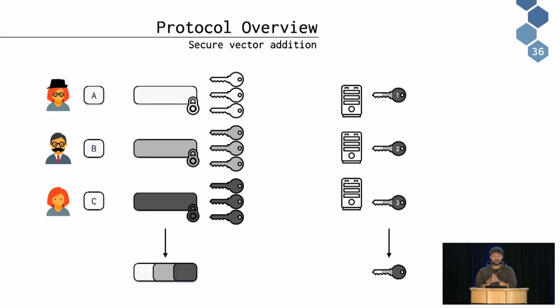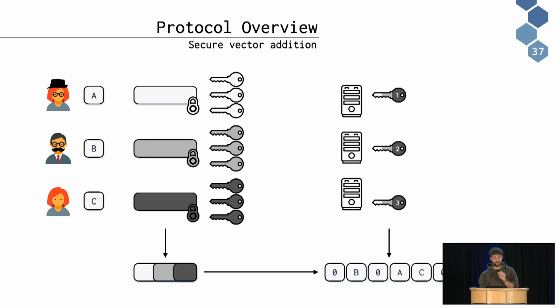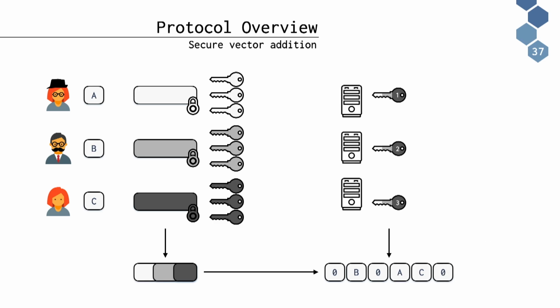And because the servers helped us compute the sum of the keys without revealing individual keys, we can then use the keys together with this sum of ciphertexts to recover the plaintext array, from which we extract the messages. So this is the protocol on a very high level. And the main benefit here is that secret sharing is the thing that is communication expensive, but we only do it now for the small keys rather than the big message arrays.